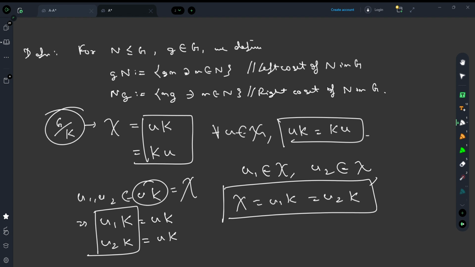So chi can be represented as u1K, and also as u2K. So they must be the same as sets, right? So if you choose any element from the left coset, then every element of the left coset represents the same coset. Any element you choose out of a left coset represents the same coset. That's exactly what we want to say, right? So that's why they are called the representatives.